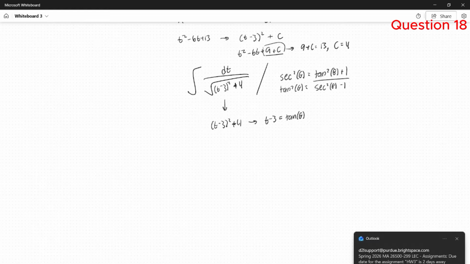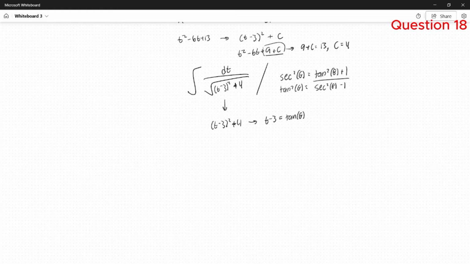Let me demonstrate. Let's say, actually, I'll just even use this example here. We have a tan theta squared, and then plus 4. That becomes a squared tan squared theta plus 4 would be equal to secant squared theta. Now, we would be able to factor out a 4 out of this equation and effectively turn it into the identity that we see up in the top right if a squared is equal to 4.